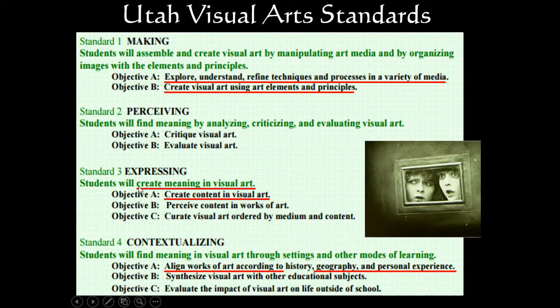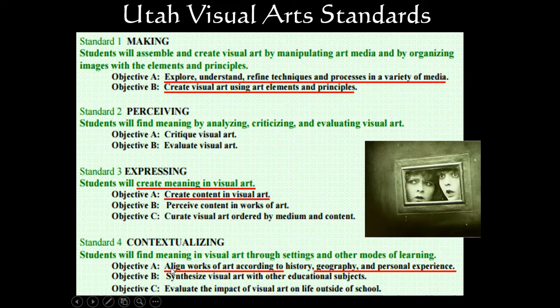Standard 3, expressing. So you are going to try to create meaning in your visual art. We'll talk about the type of content that you'll be creating, specifically in street photography, and we're also going to be doing parts of the whole. And contextualizing should always be a part of the artistic process.